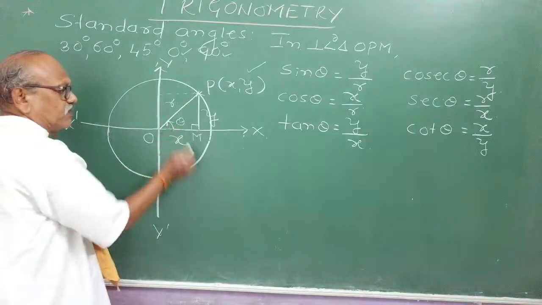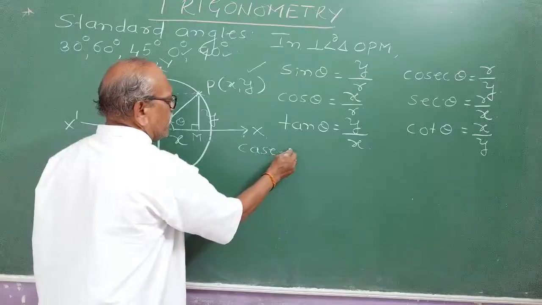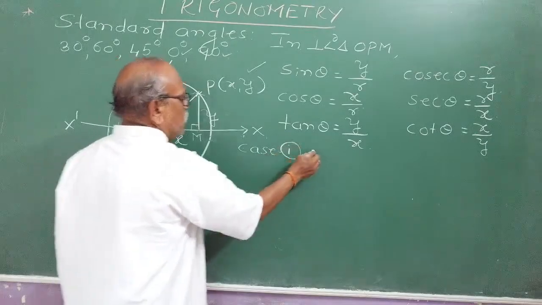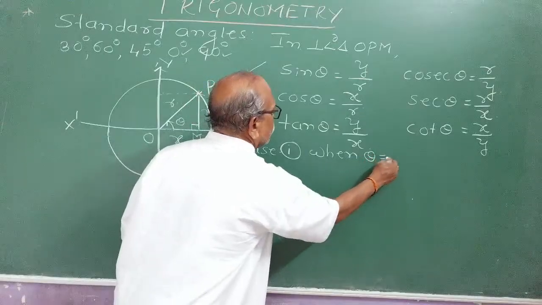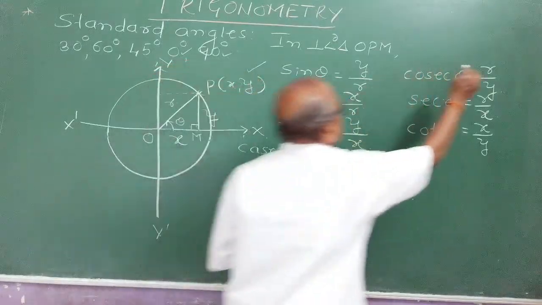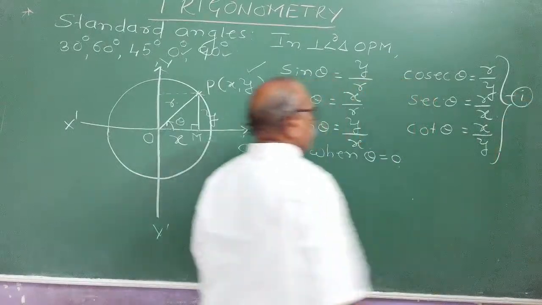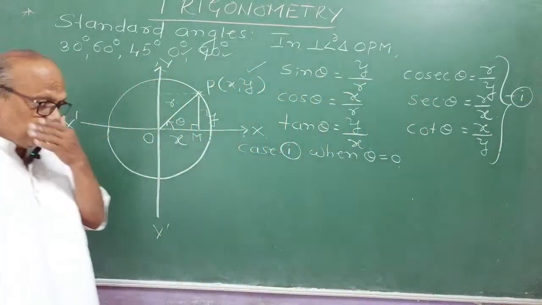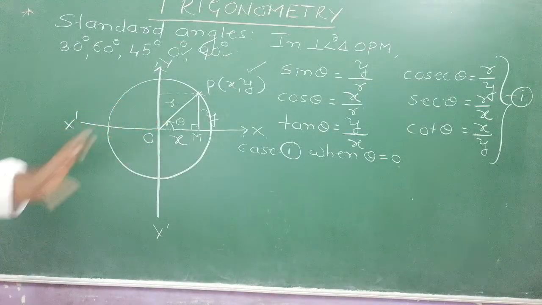If I will take 2 cases now. You have to observe carefully. Case 1. When theta is equal to 0. Call this entire set of equations as equation number 1. Now I will teach you, which is not in your textbook, the coordinate geometry method of finding 0 degree and 90 degree.